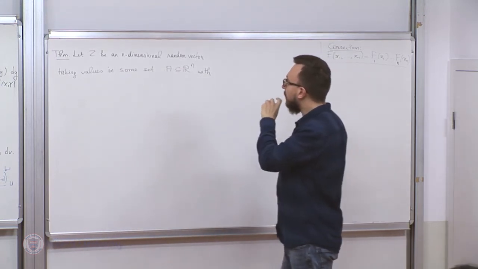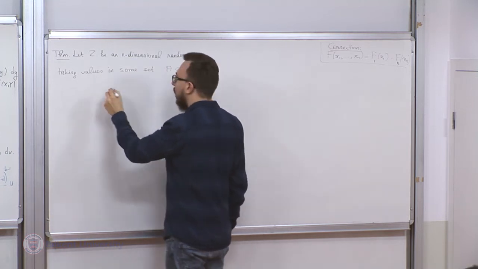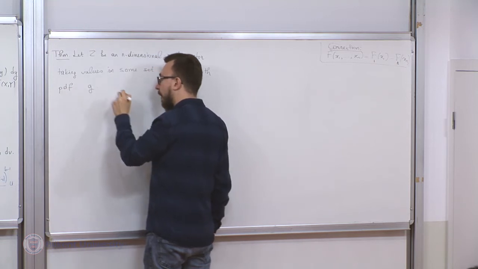Anyway, I was trying to formulate this theorem. Let's say we have some n-dimensional random vector Z taking values in some set A with probability density function g.